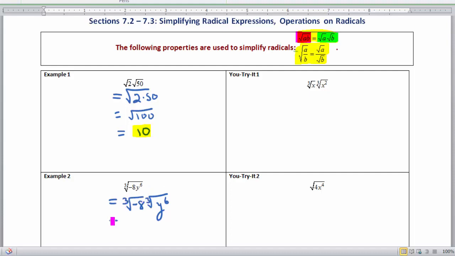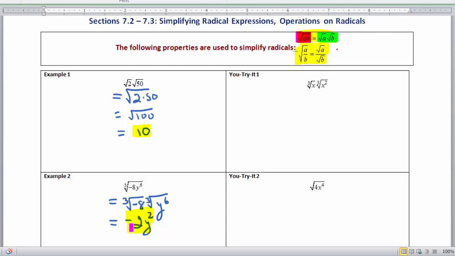Right? And now, both of these are perfect cubes, so we can take the individual cube roots of these. So the cube root of negative 8 would be negative 2, and for the cube root of y to the 6th, we do 6 over 3, divide the power by the root, and we would get y squared. So that would just be negative 2 y squared, right?